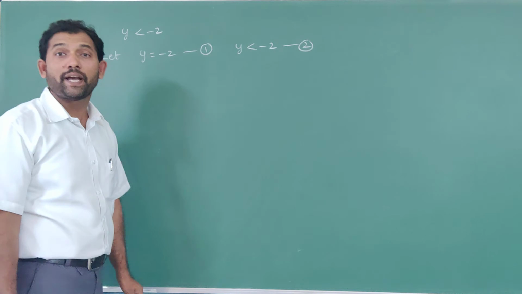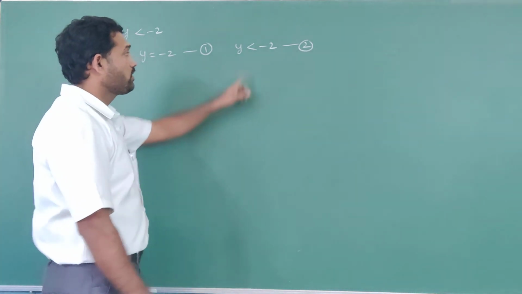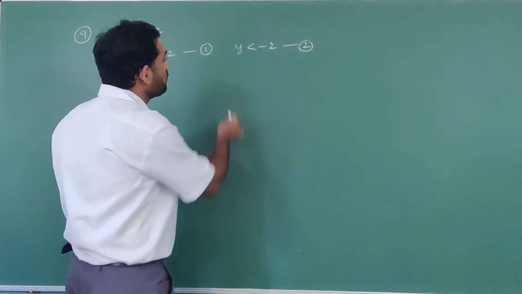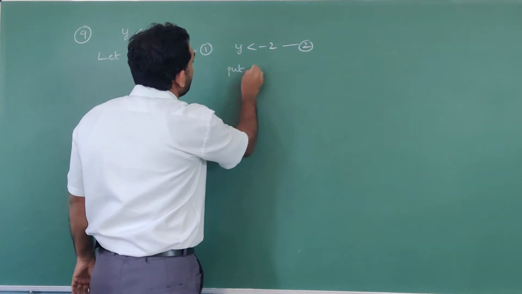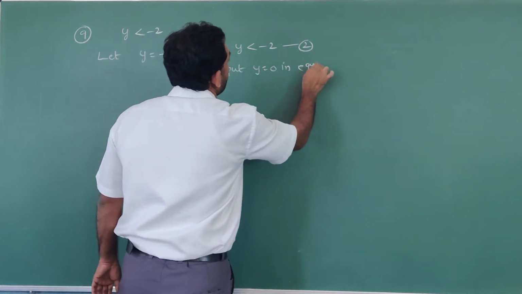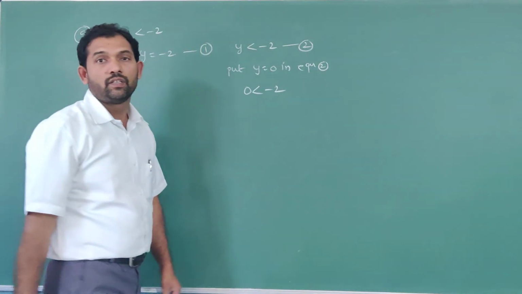So y is equal to minus 2 means you take the graph first. Next, y less than minus 2 means 0 is substituted. What happens? Put y is equal to 0 in equation number 2. So this is 0 less than minus 2.